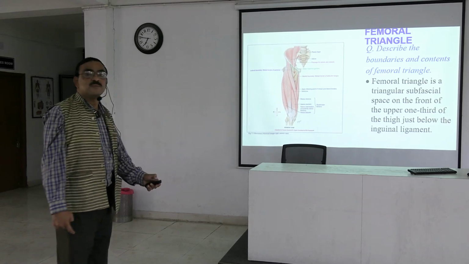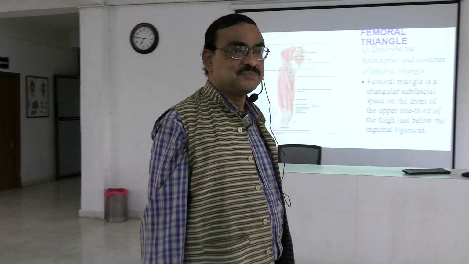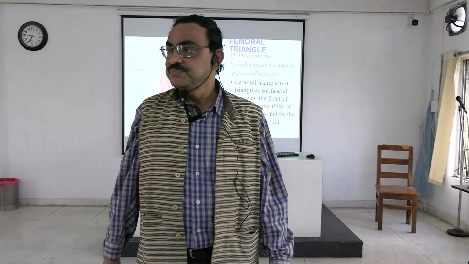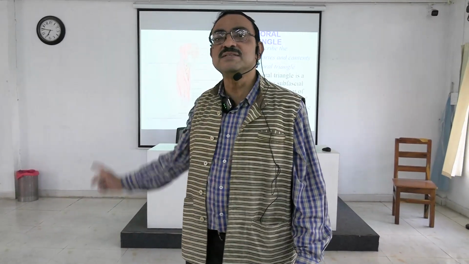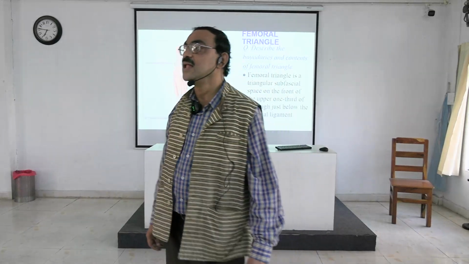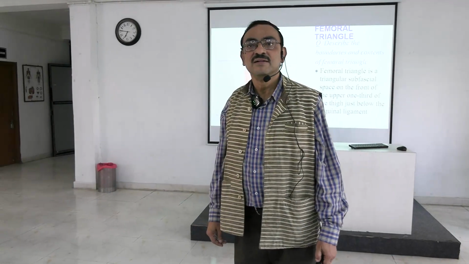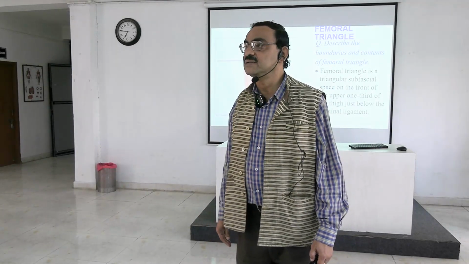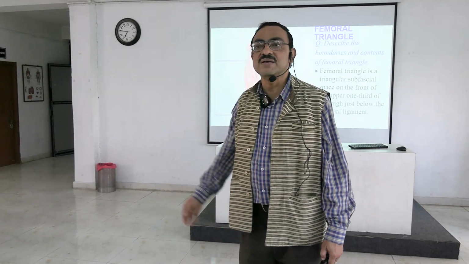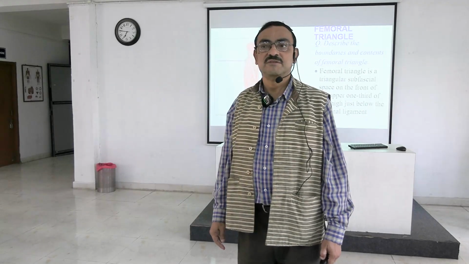And this pectineus muscle is very interesting, like the brachialis muscle, which we have seen. This pectineus muscle has dual nerve supply. The medial part is supplied by the nerve which supplies the adductor compartment, or the adductor group of muscles, that means by the obturator nerve.